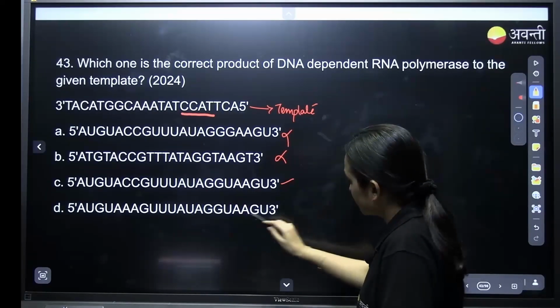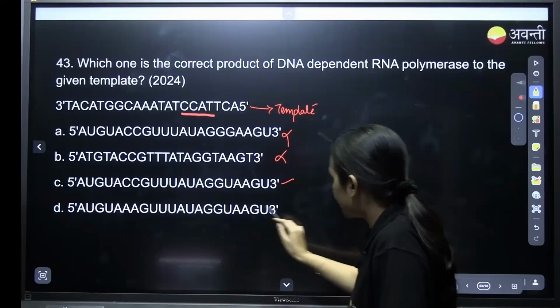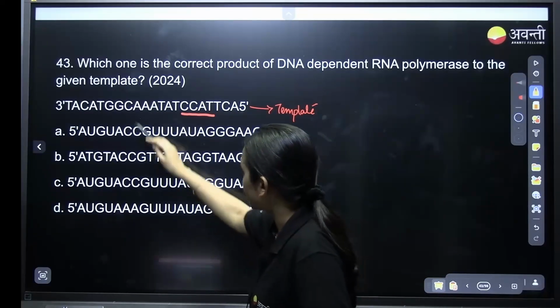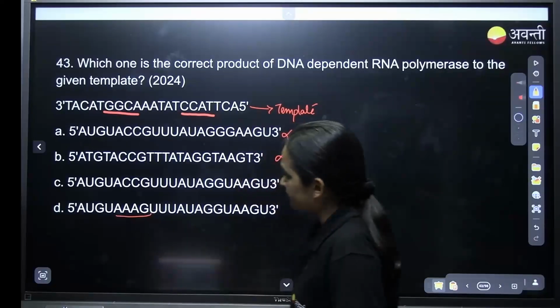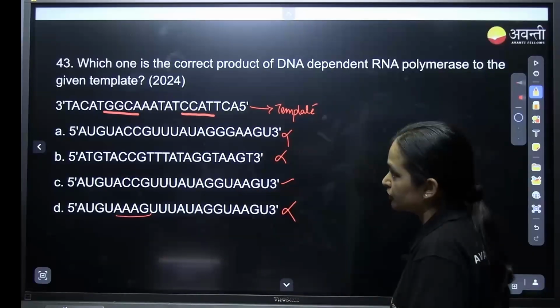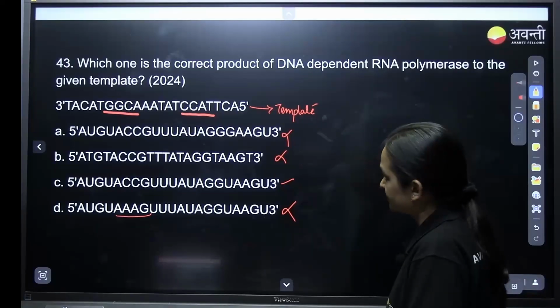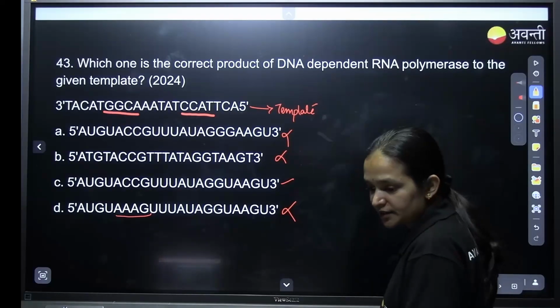G, G, U correct. And what is wrong in this? We will find out. G, G, C, it is given A, which means this is also wrong, so C is the correct answer.